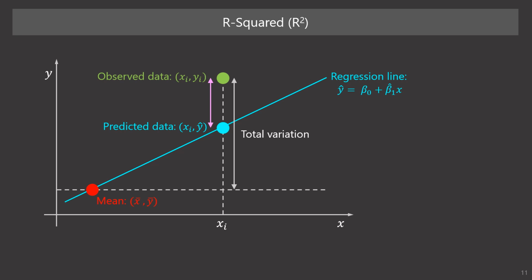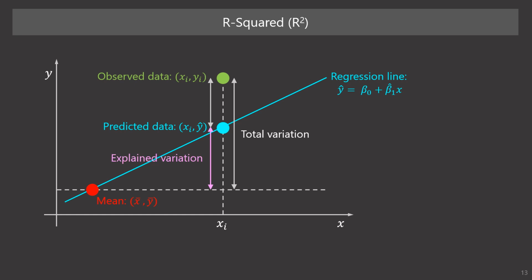The deviance of the predicted value from the observed value can be expressed as the distance between the green point and the blue point. It is smaller than the total variation. It means that the regression model reduces the variation by the difference between the predicted y and the average y. In other words, the regression model explains this variation.